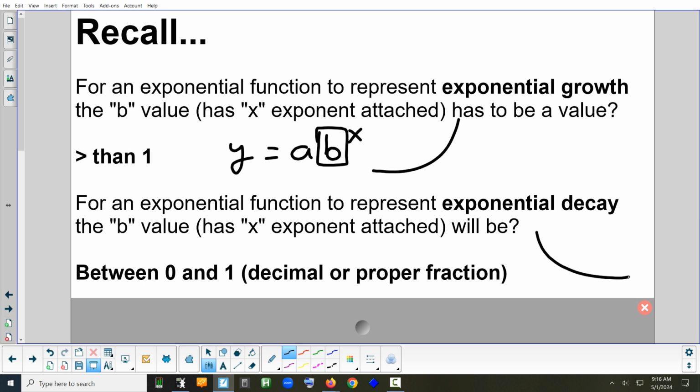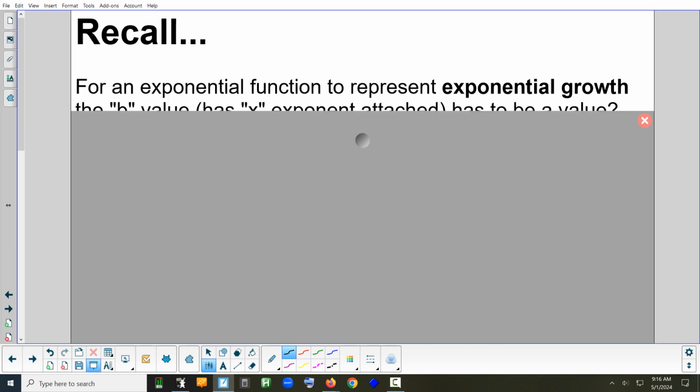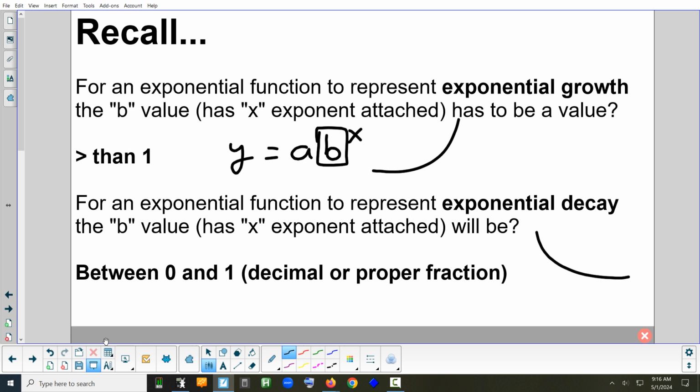And you could see the number as a decimal or a proper fraction. Okay, so what do I mean by a decimal or a proper fraction? y equals 1 times 0.5 to the x. You could see it like that. Or, what's 0.5 as a fraction? 1/2.